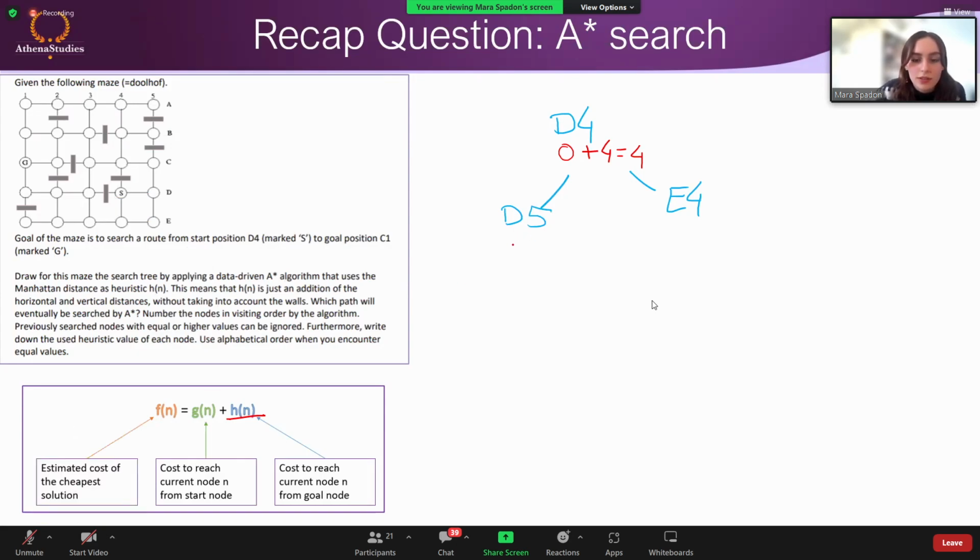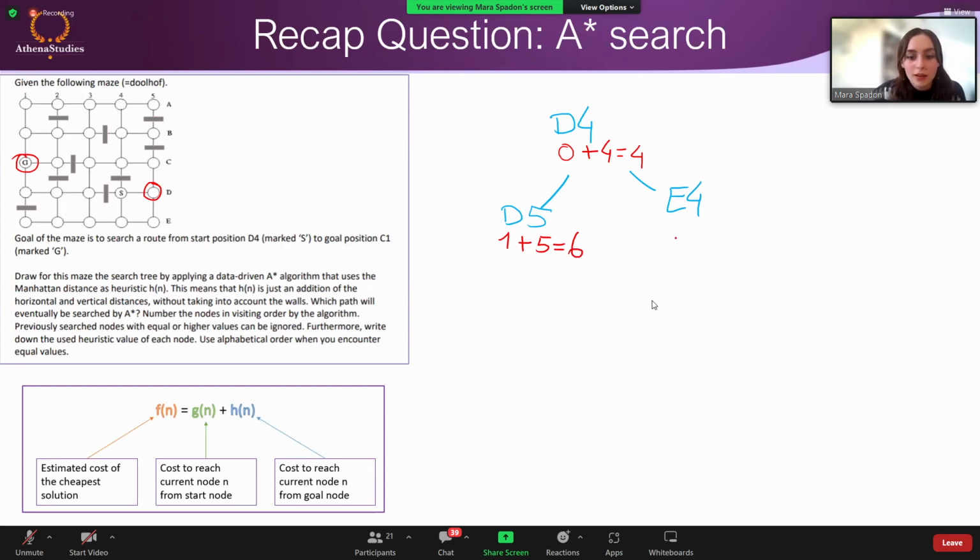So what is the heuristic value for D5? First, you want to know the cost to reach the start. If we are here, how many steps does it take to reach our start node? 1. Yes. And then how many steps does it take to reach our goal node? It's 5, right? Yes, exactly, because we can walk through the walls again. So then it is 6.